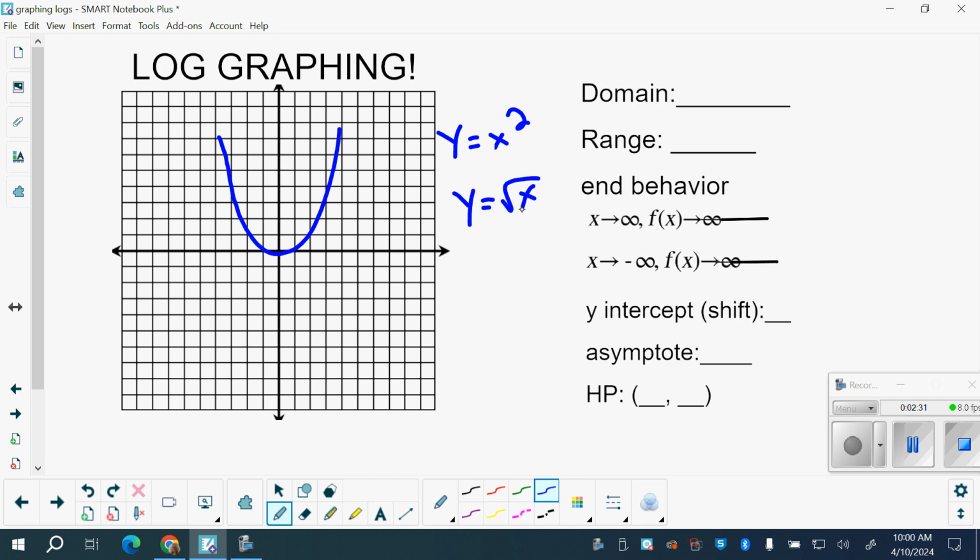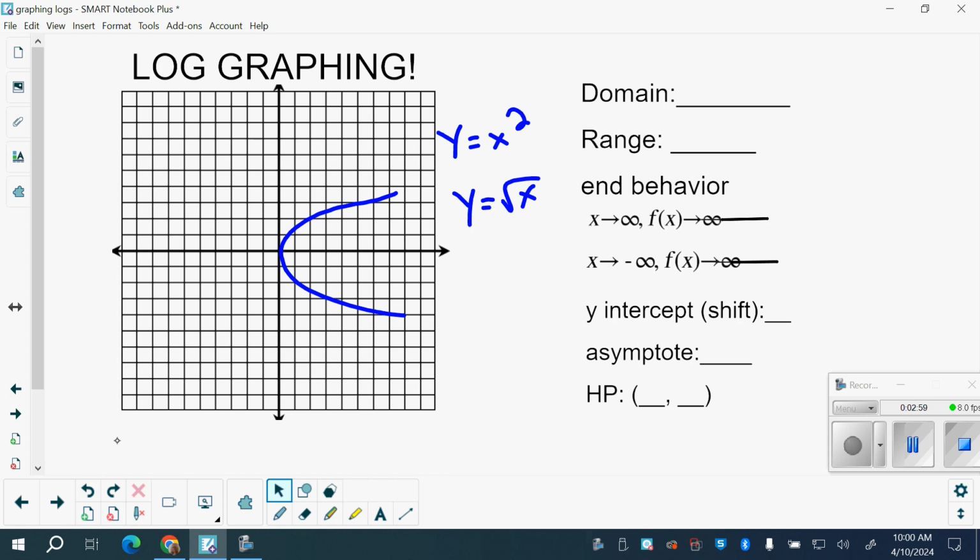This guy's little arms are grabbing the Y line, and it turns out this guy is just this guy flipped over and dropped down. One grabs the Y, his inverse grabs the X. And they were inverses. That's how we could do them.